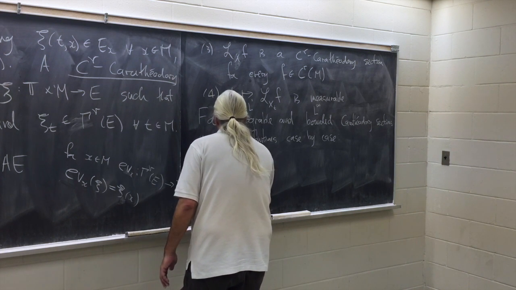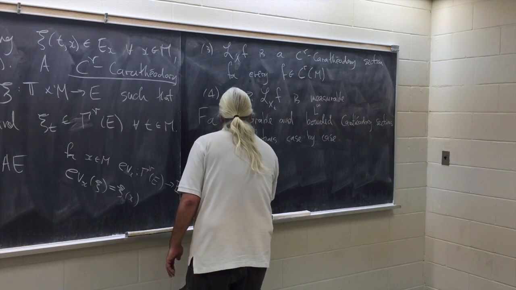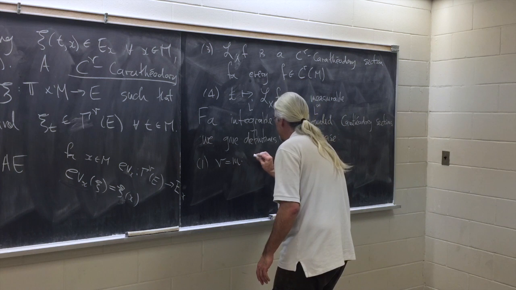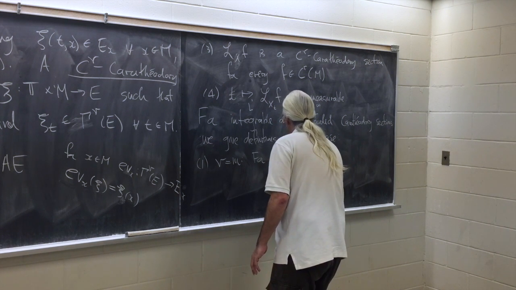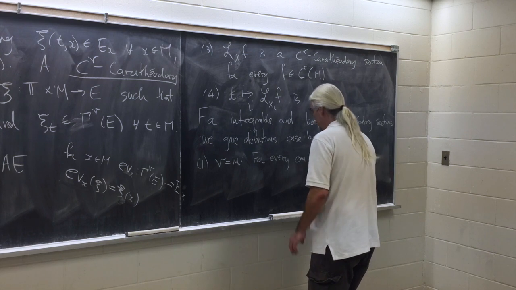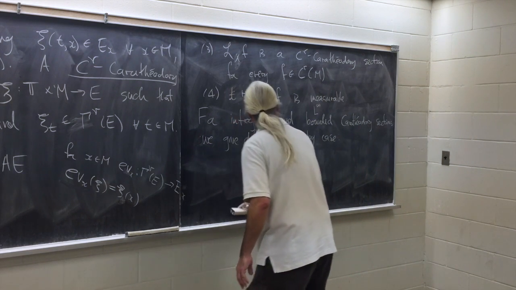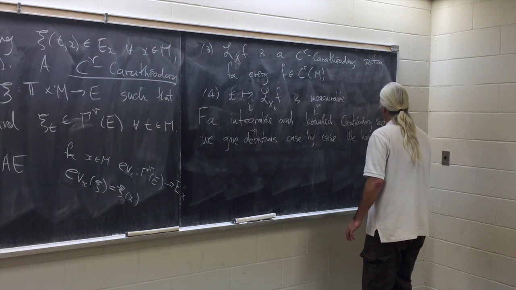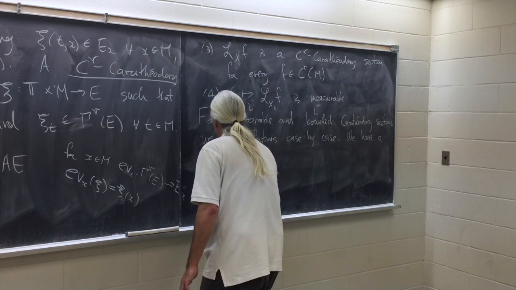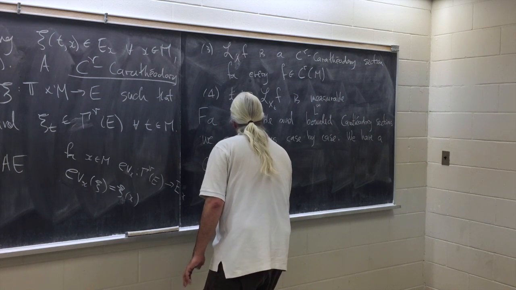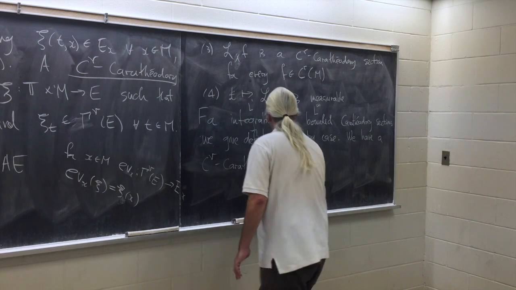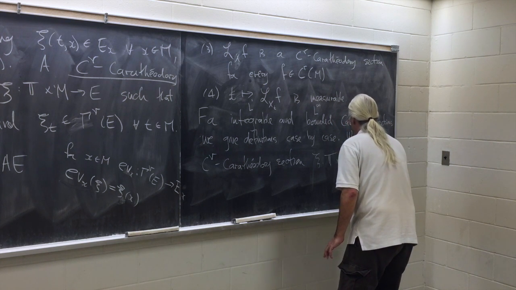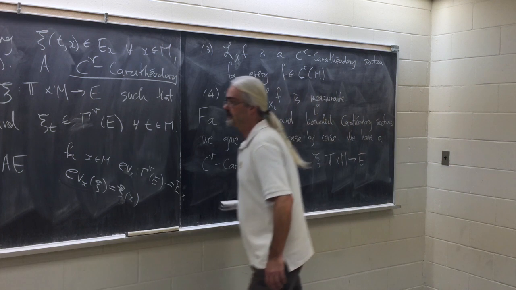First we'll take nu equals m, so finitely differentiable. Here's how the statement goes. Oh, sorry, I should set this up so you know what I'm talking about. So we have a C nu Caratheodory section, and then we do this case by case.